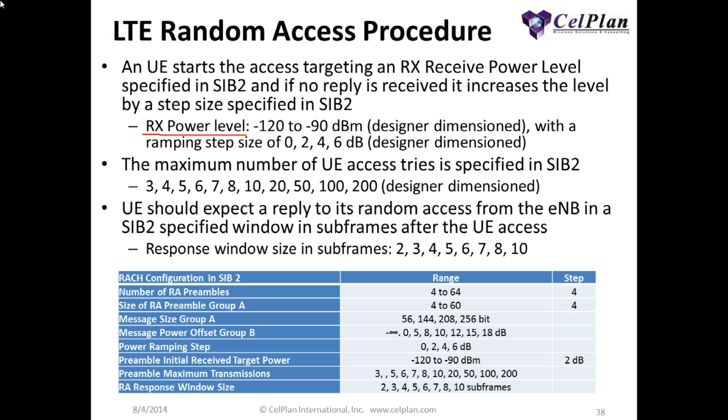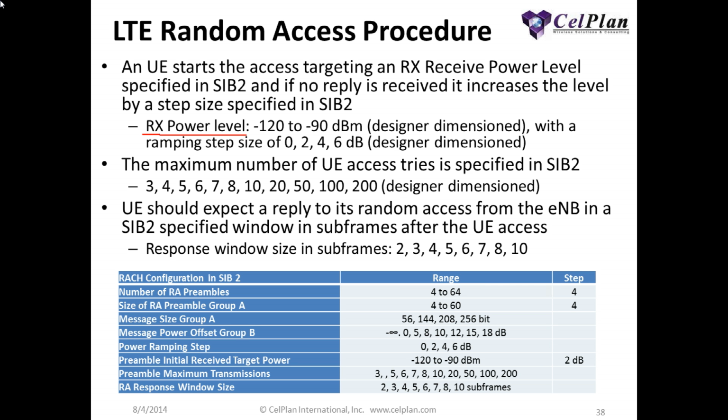Because the UE doesn't know where it is, it will do a calculation, and it will start with a very low power, and then ramp up this power in steps that are also dimensioned by the designers, and those steps can be 0, 2, 4 or 6 dBs.